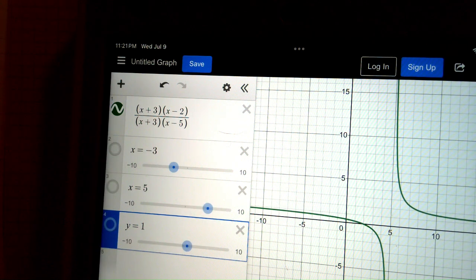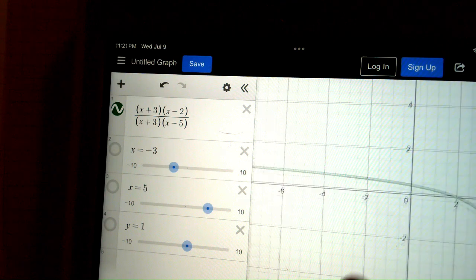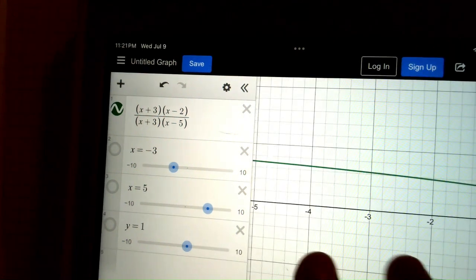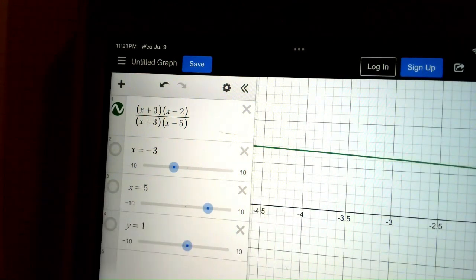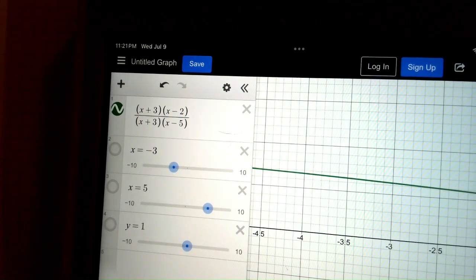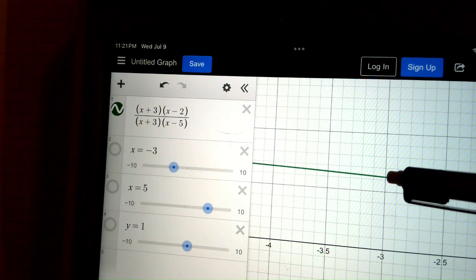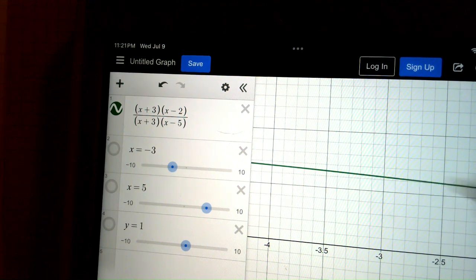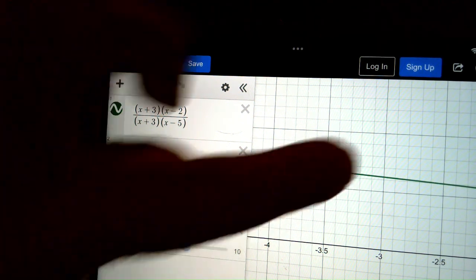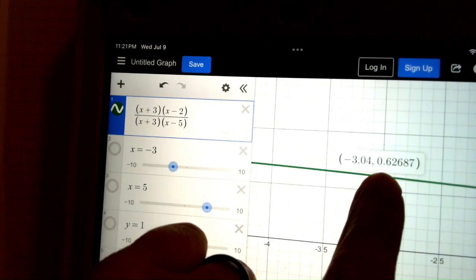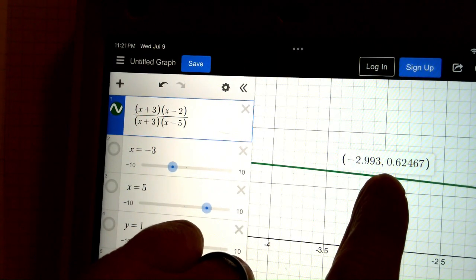So what's going on here at negative 3? It looks like the graph exists. It looks perfect. But let's see if I can... I think my finger will be in the way if I try to do it. Yeah, that's not counting as a stylus. So there we go. Closer.